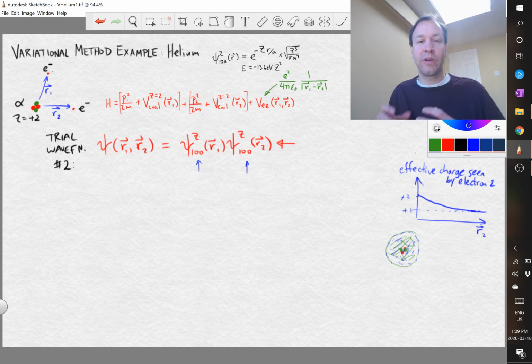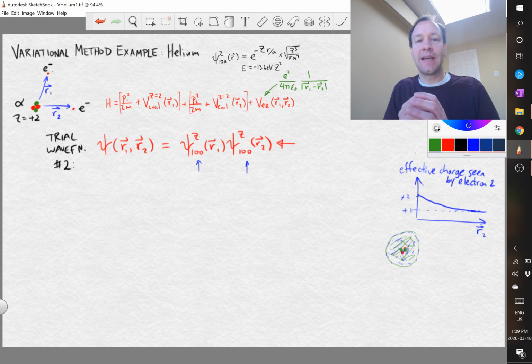Okay, so we are still going to take the wave function to be a product of 2 wave functions that look like ground state wave functions of hydrogen, but we're going to leave the Z parameter, which corresponds to the charge of the nucleus, arbitrary.